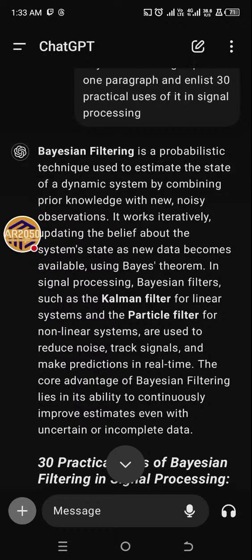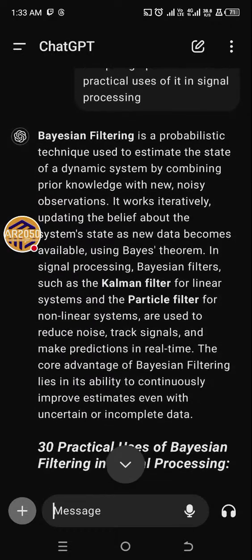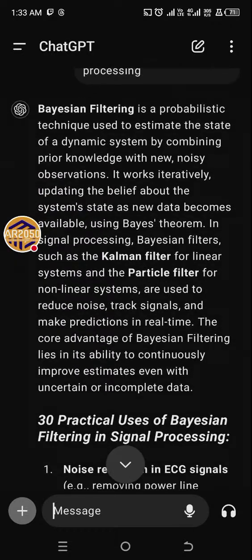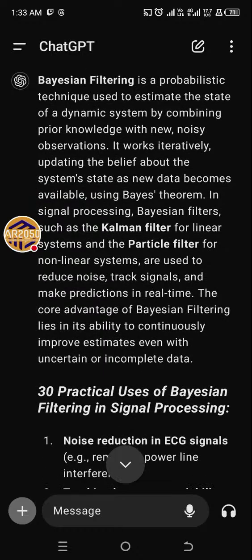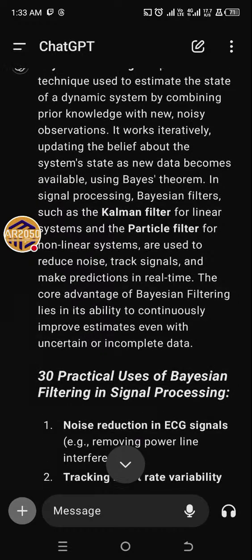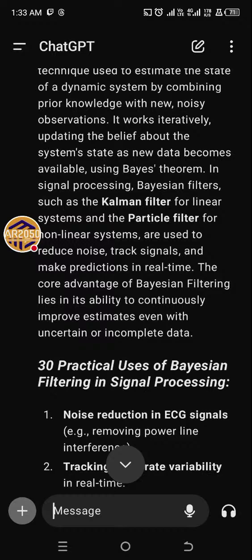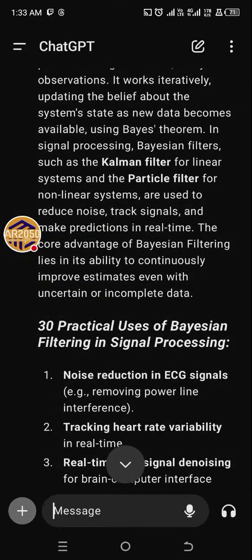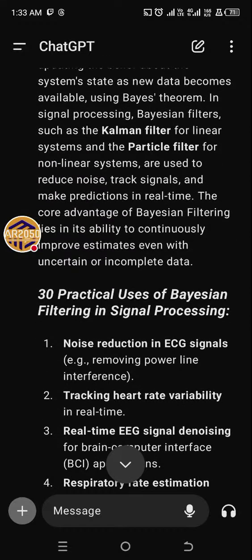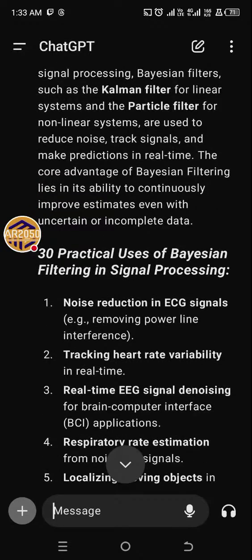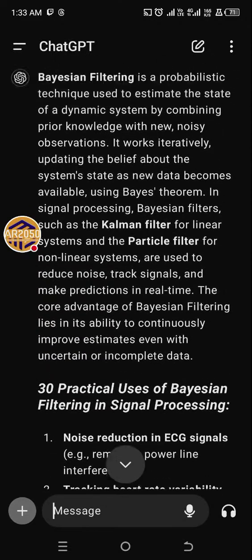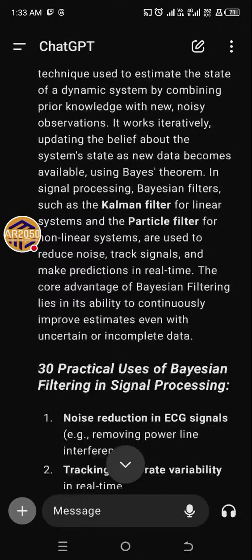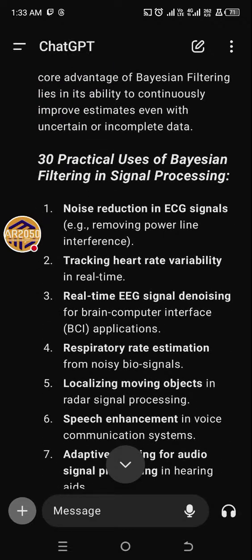System state as new data becomes available using Bayes' theorem in signal processing. Bayesian filtering such as the Kalman filter for linear systems and the particle filter for nonlinear systems are used to reduce the noise, track signals, and make predictions in real time. The core advantage lies in the ability to continuously improve estimates even with uncertain or incomplete data. It is something like Kalman filtering. So maybe the Kalman filter is a type of Bayesian filter, maybe, but I'm not sure.